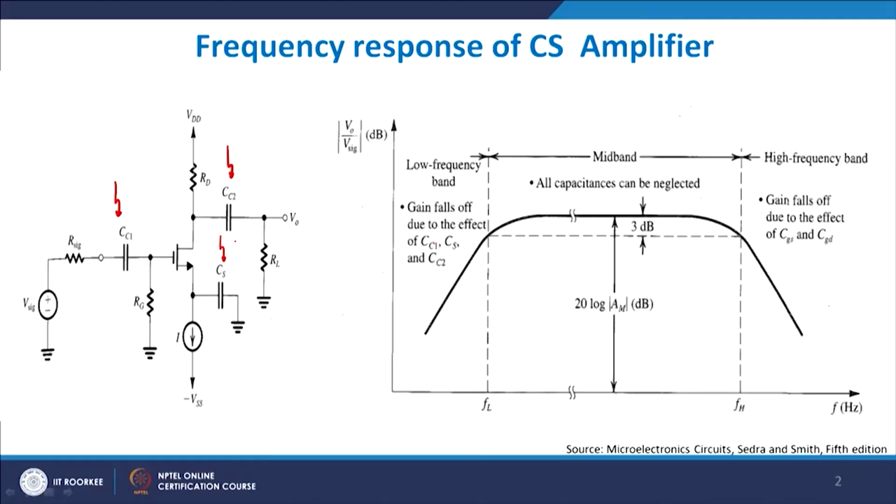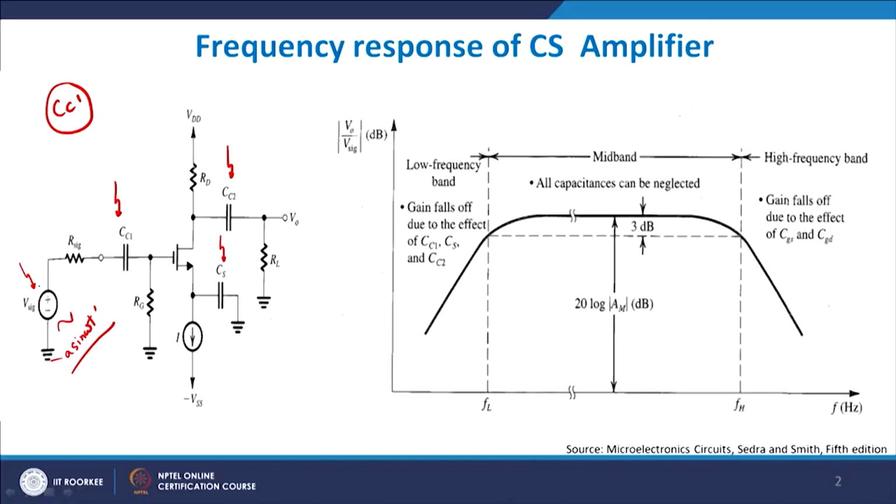Why was CC1 used? CC1 was used primarily so that any DC component of this V sig is blocked. V sig is basically an AC signal, so it is basically A sin omega t, but since it is derived from a source, there will always be a DC component associated with V sig, right.